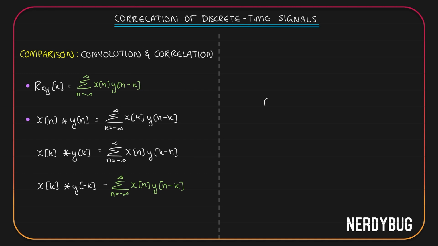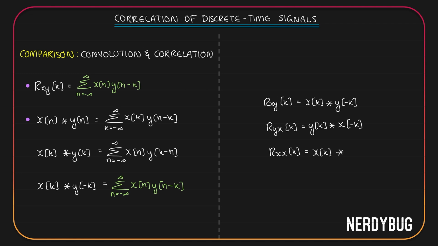Let's write it down. Rxy of k is equal to convolution of x of k and y of minus k. Similarly, if I want Ryx of k, I can take the convolution of y of k with x of minus k. What if I want autocorrelation of x of k? Then I can take convolution of x of k with x of minus k.